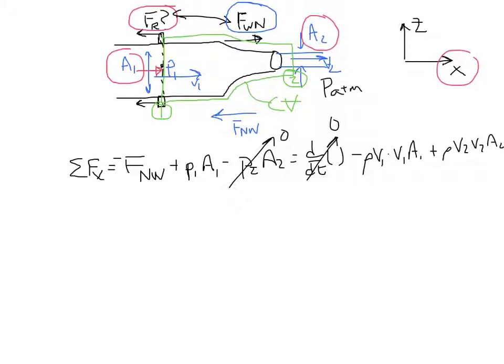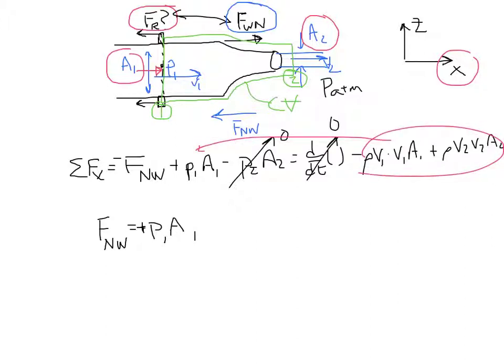Or rewriting this, I can say that the force of the nozzle on the water is equal to minus P1 A1, plus moving the force to the right-hand side, leaving the pressure where it is. Then I'm going to move the inflow and outflow from the right-hand side to the left, changing their signs. So we have plus rho V1 squared A1 minus rho V2 squared A2.